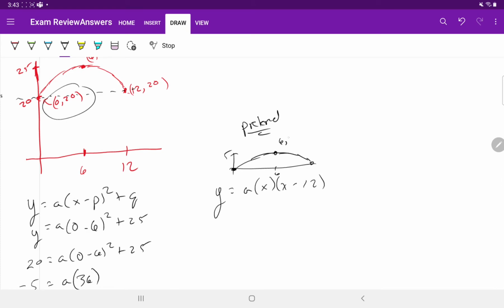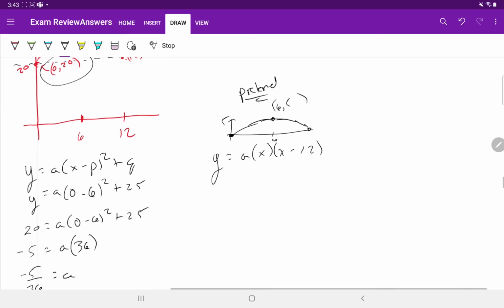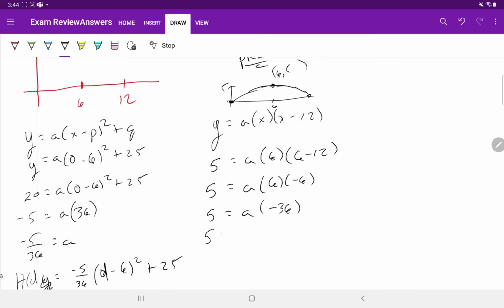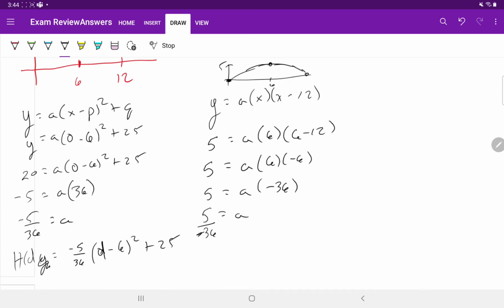So I do know that this is 6, 5. Then 5 is equal to a times 6 times 6 minus 12, so 5 is equal to a times 6 times negative 6, 5 is equal to a times negative 36, and a is equal to 5 over negative 36.